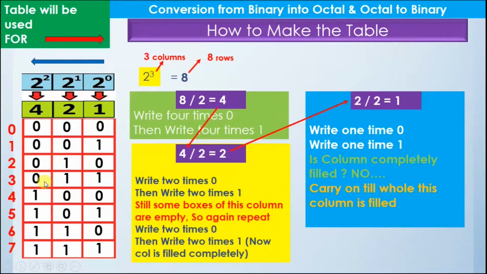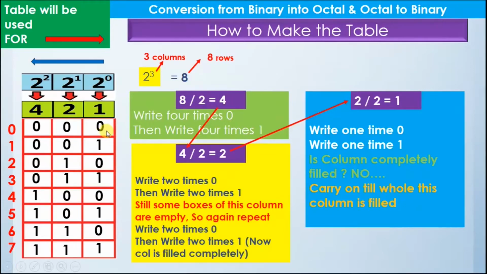Similarly, if the value under 2 is 1, the value is 2, and if 0, the value is 0. And if the value under 1 is 1, the value is 1, and if it is 0, the value is 0.